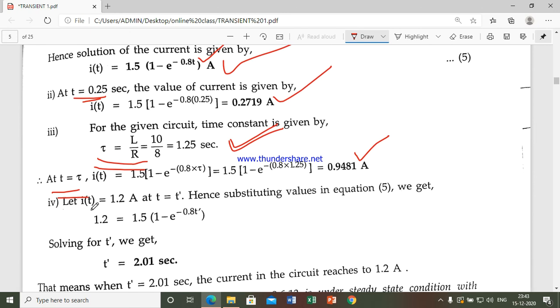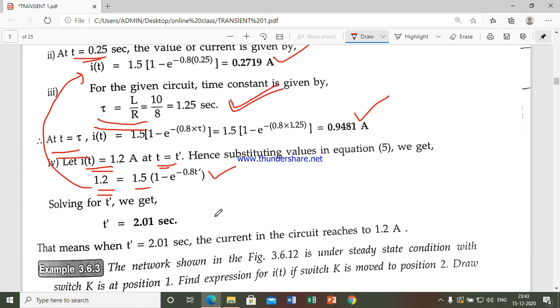And also in the problem they have asked at I of t equal to 1.2, at some other value t dash, you will get I of t equal to 1.2, and this is 1.5, 1 minus e raised to minus 0.8 into t dash. Find out the value of t dash.